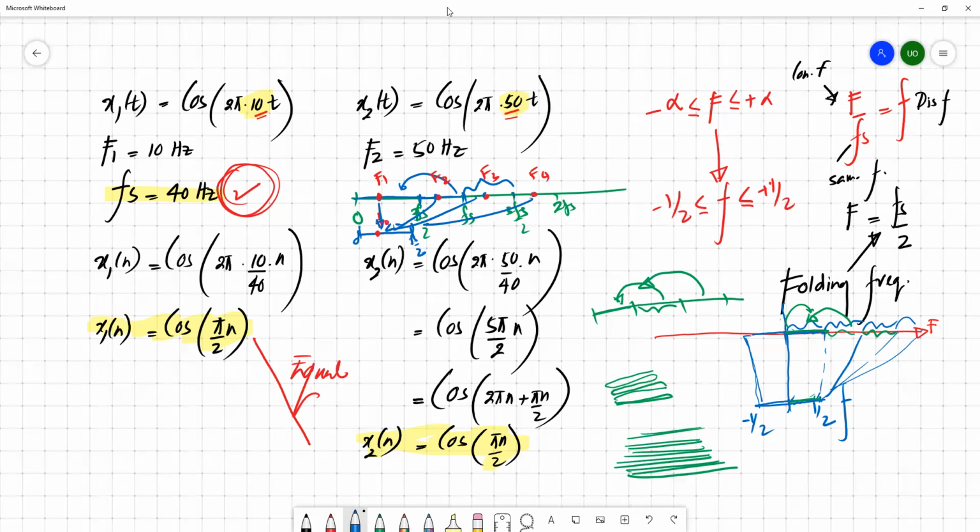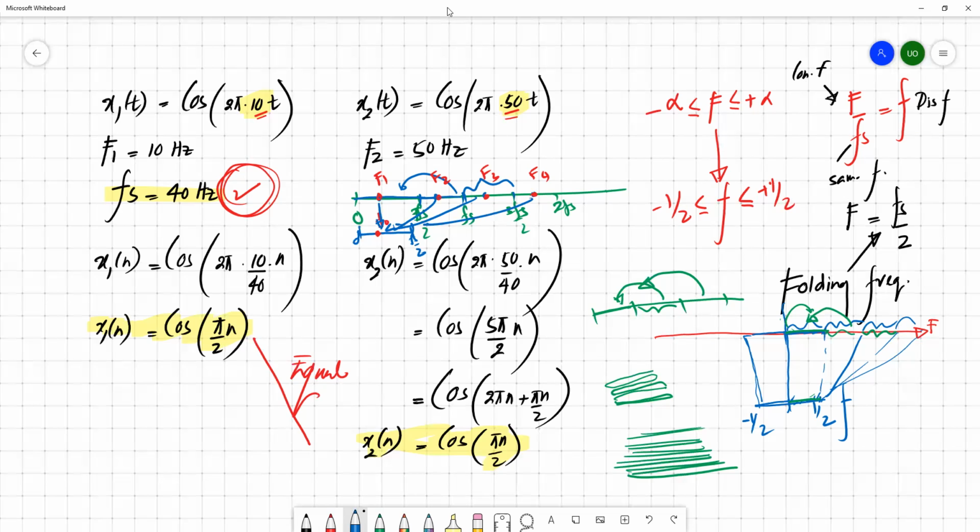There won't be any overlapping frequencies in the discrete domain. You can just draw this capital F range and simple F range and see that if you select your sampling frequency as 2 times F max, you can't see any signals overlapping on top.